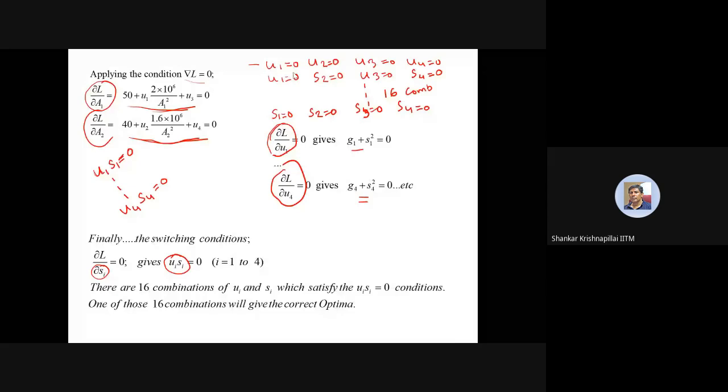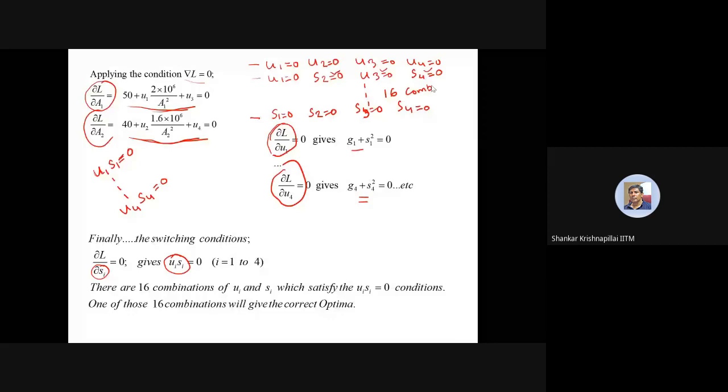And in the intermediate stage, you have various combinations like first constraint active, second constraint inactive, third constraint inactive, fourth constraint active. So 16 combinations are there, and because this is a convex problem, only one of these 16 will give the good, non-absurd result.